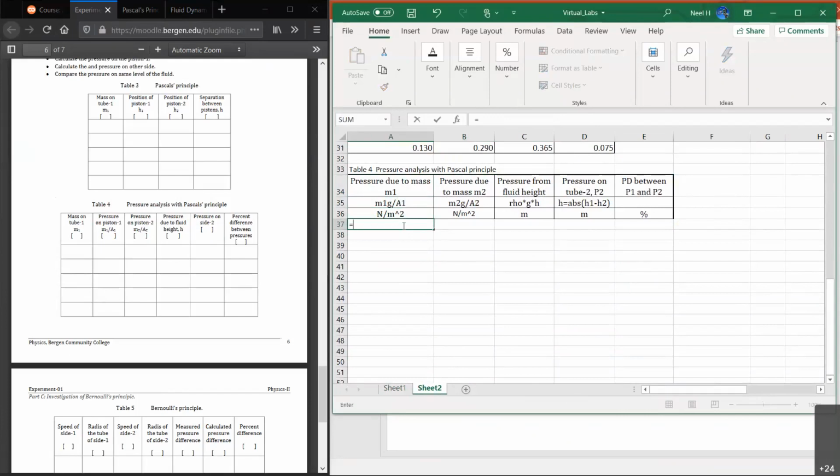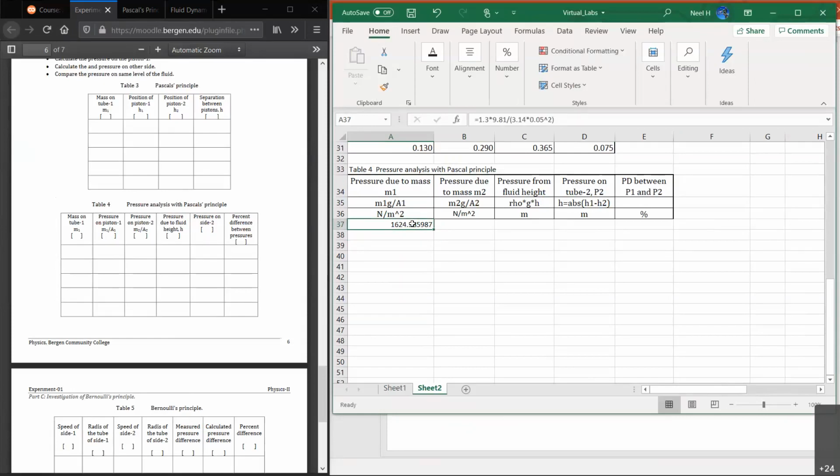Equal sign. m1 is 1300, which is 1.3 times the gravity 9.81 divided by parentheses a1, which is pi times r squared, 3.14 times r, which is actually 50 millimeters, which is 0.05, to the power 2. Close parentheses, hit enter, and you will get the answer.